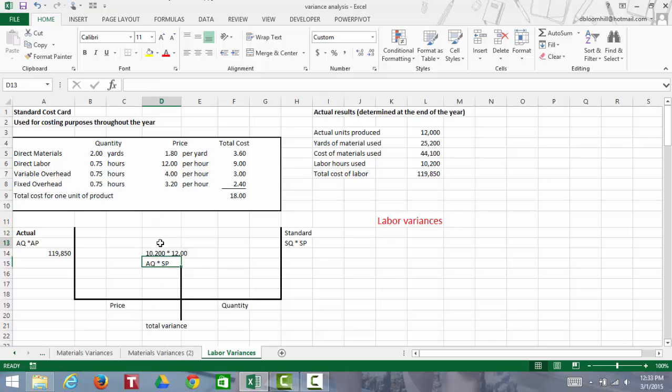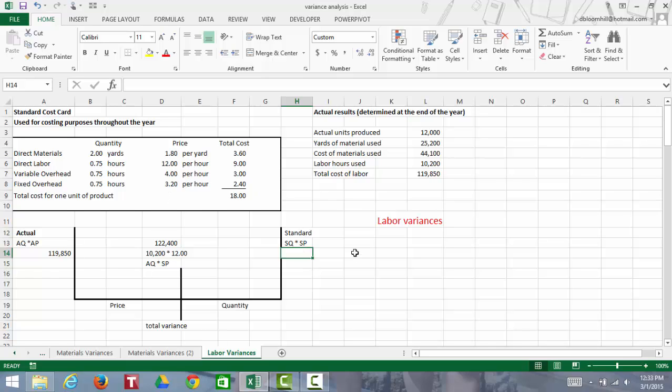Using Excel to calculate that number, 10,200 multiplied by 12 gives us a middle prong of $122,400.